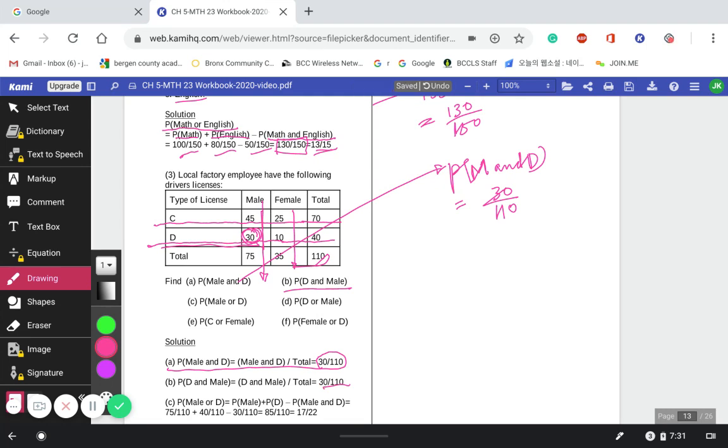Male or D: because they used an AND for the first two, but now you're using OR.